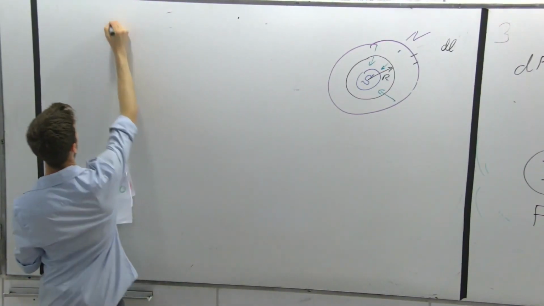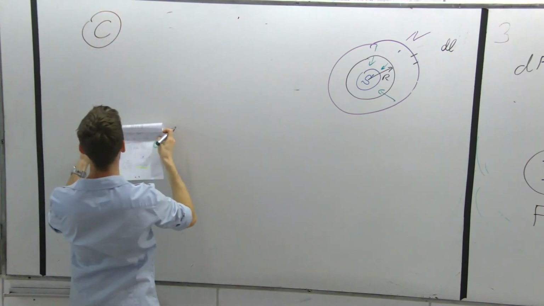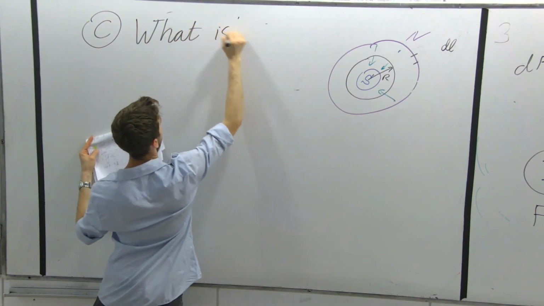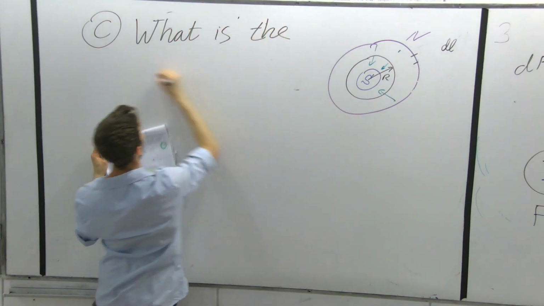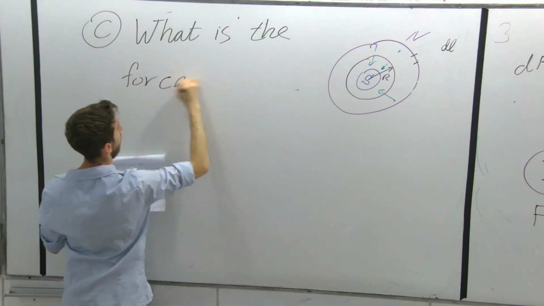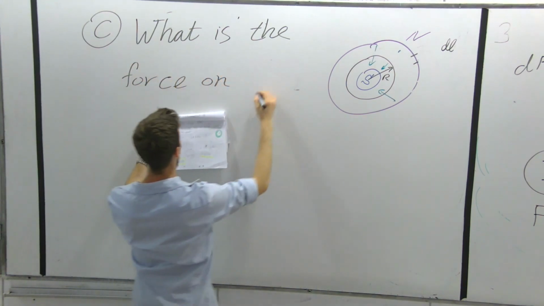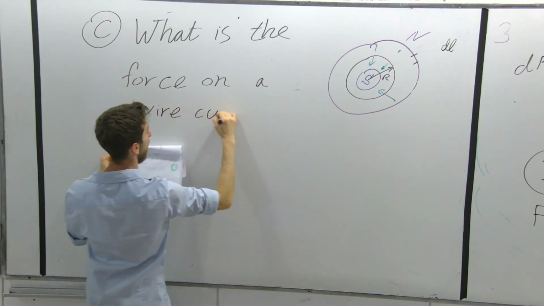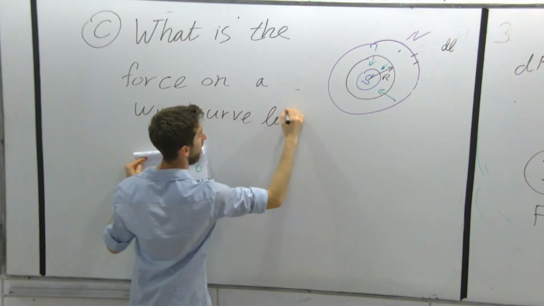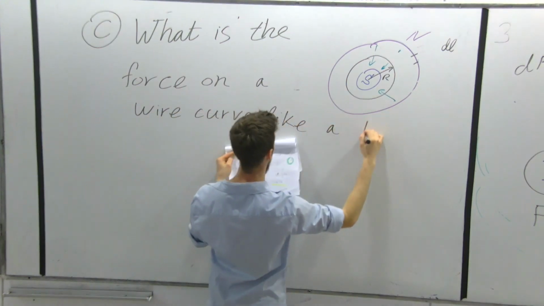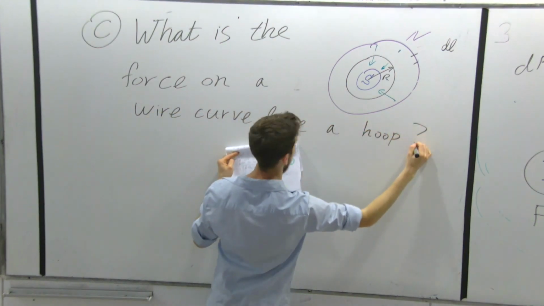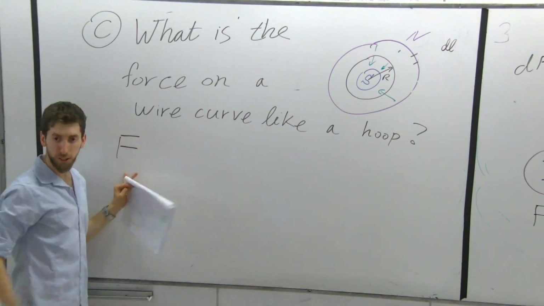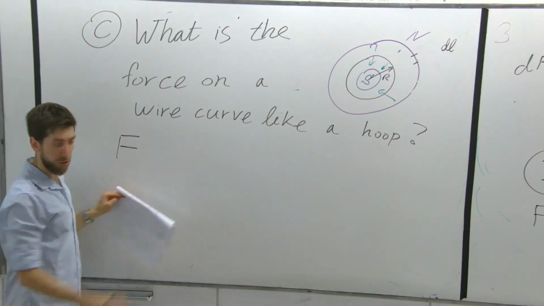So C, and what is the force on a wire curved like a hoop, right? So the equation is the force, right? Force equal to what?